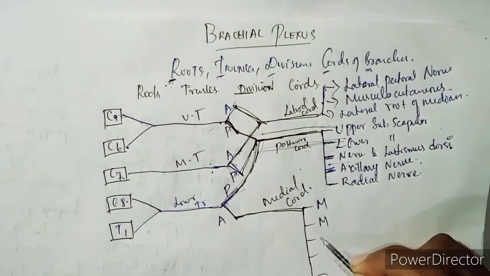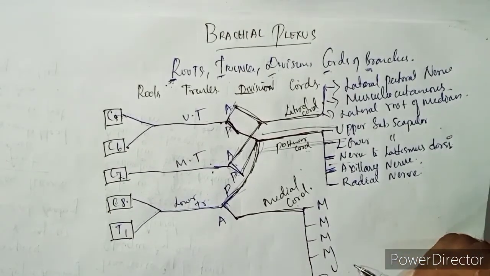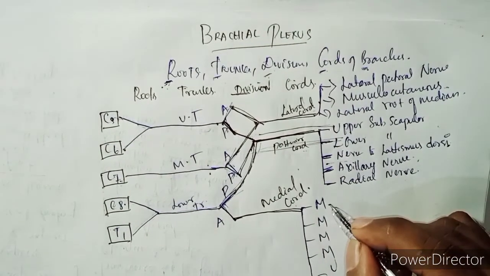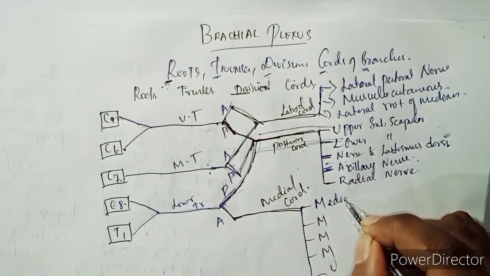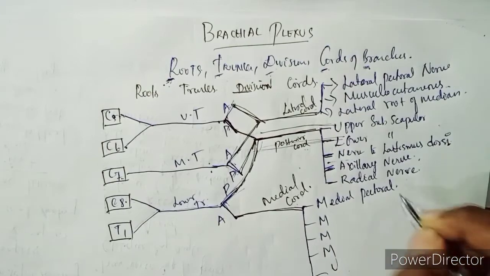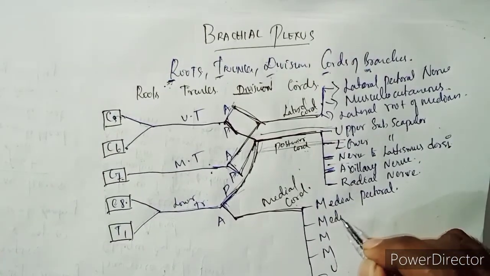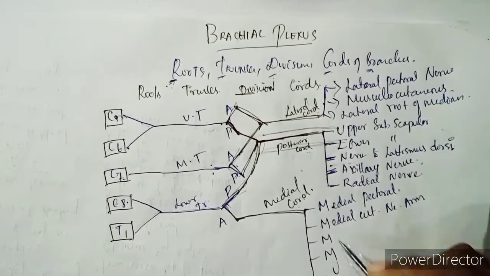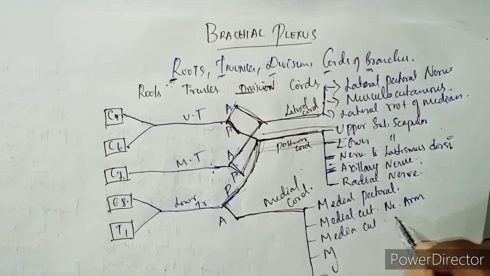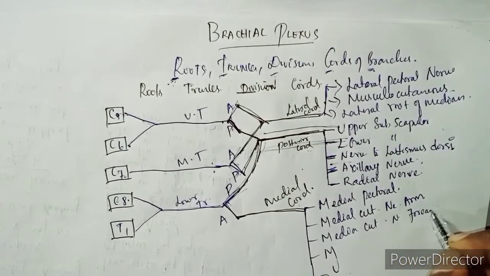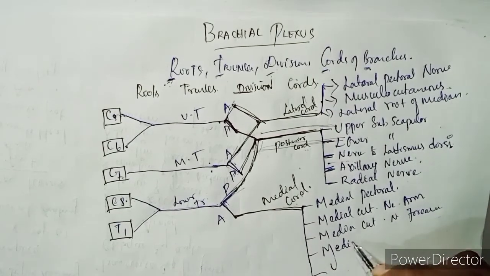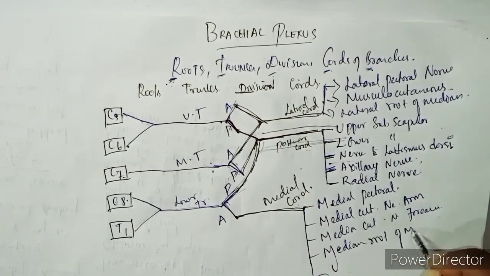Again, the medial cord is going to give 5 branches. We can remember this with the mnemonic 4MU. The first nerve branch is the medial pectoral nerve. Then another one is the medial cutaneous nerve of arm, then the medial cutaneous nerve of forearm, and another one is the medial root of median nerve.